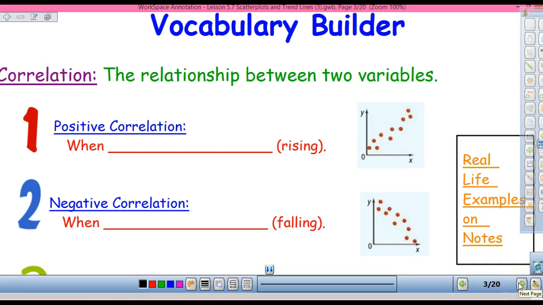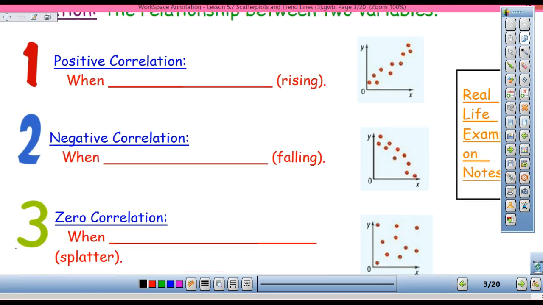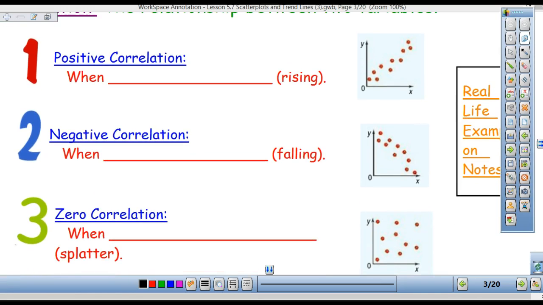If my trend line is falling, my correlation is negative. And if my points are all over the place, splattered, what do we call it? No correlation. On your worksheet yesterday, did you get any no correlations? No. You should have gotten all positive or negative.